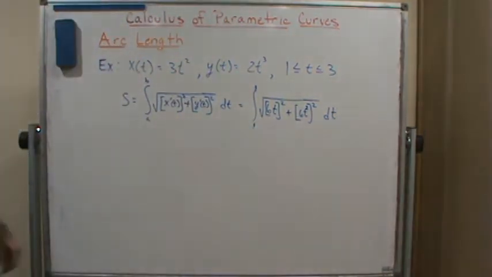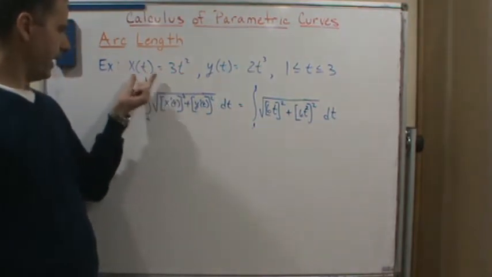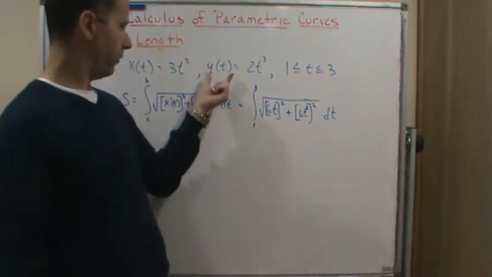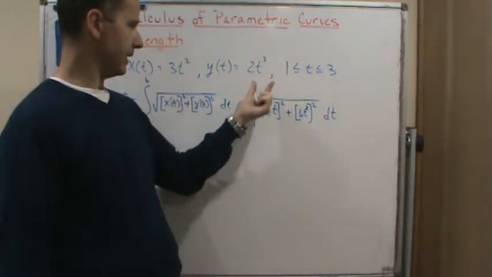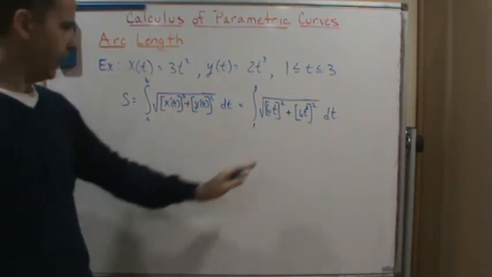So again, all I did was plug in the values: 1 to 3, the derivative of x of t is 6t, the derivative of y of t is 6t squared, and I plugged it in here.